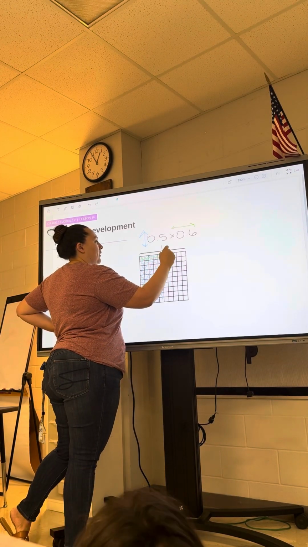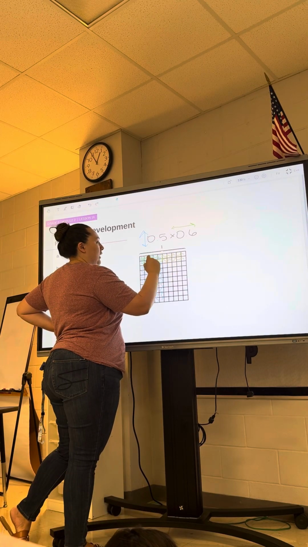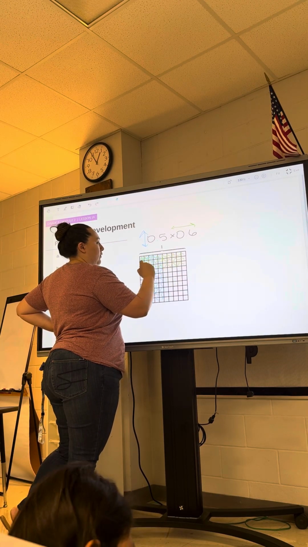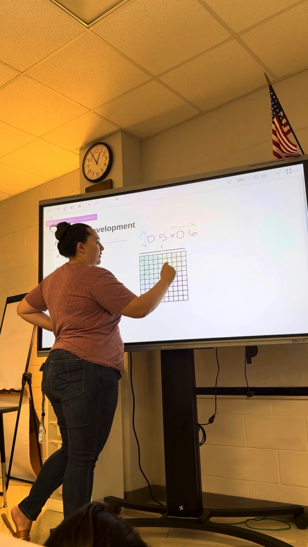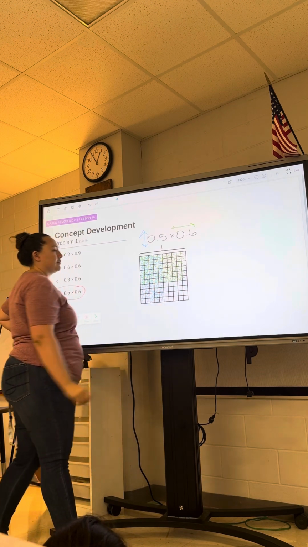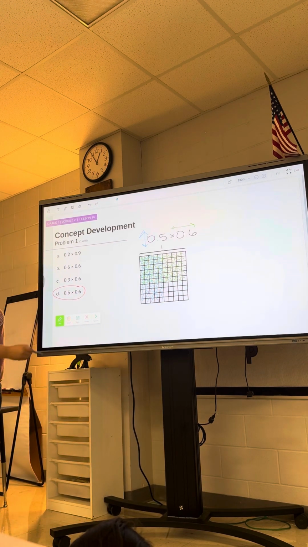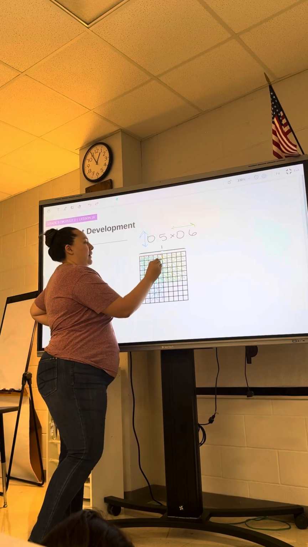So I have 1, 2, 3, 4, 5, and 6. How many squares are overlapping?